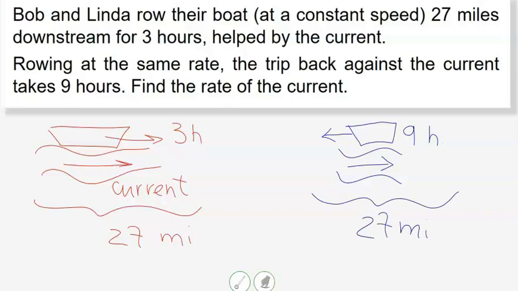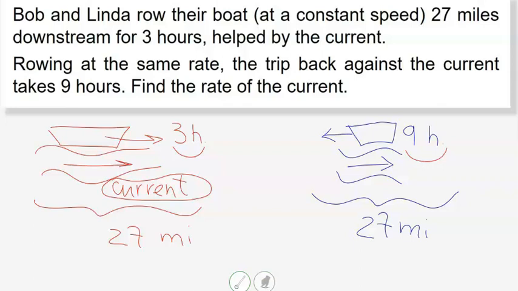So we need to understand that when we're moving along with the current, as Ty previously told us, the boat is moving fast, and according to the time, it takes only 3 hours going there and 9 hours going back. So it means that we are moving faster, and we need to add the speed of the current to the speed of our boat in still water. So let's assign two variables.